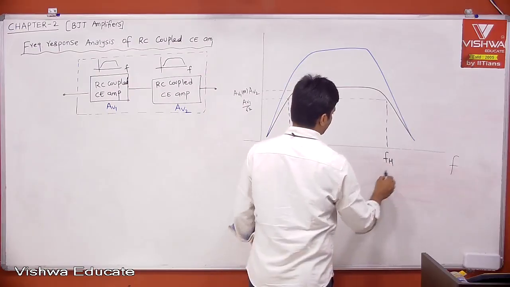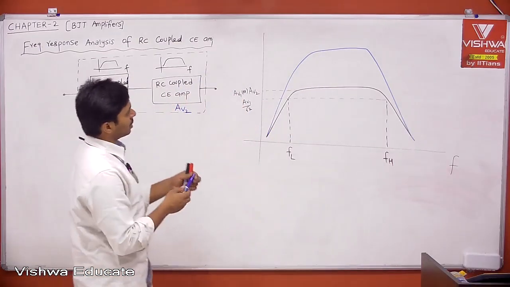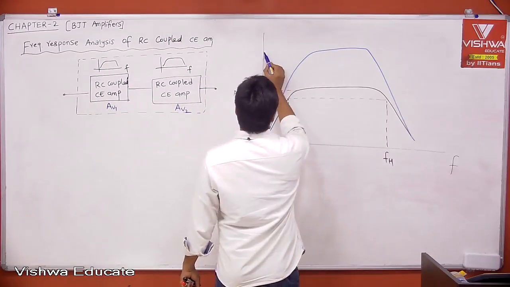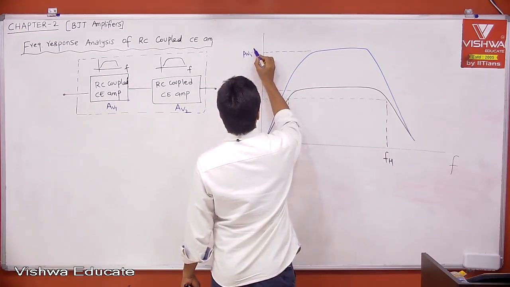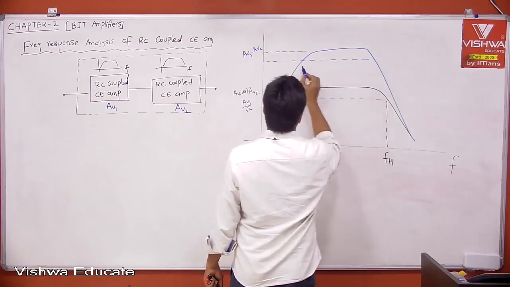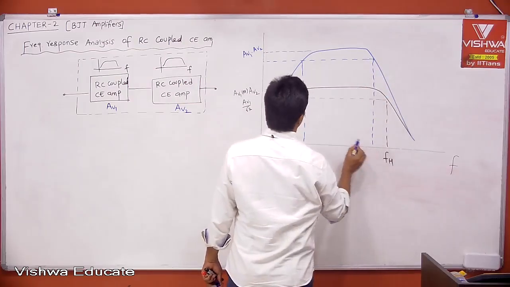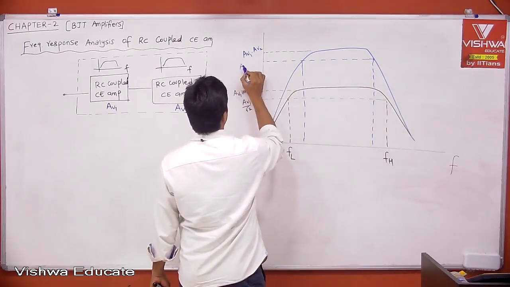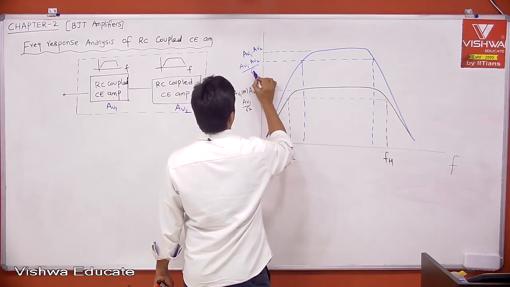But if you have two stages of RC coupled amplifier, the gain is increased. Now the gain is AV1 into AV2. The bandwidth of the two stage amplifier will decrease. Your gain is increasing but the bandwidth will decrease. The half-power level is AV1 into AV2 divided by root 2.